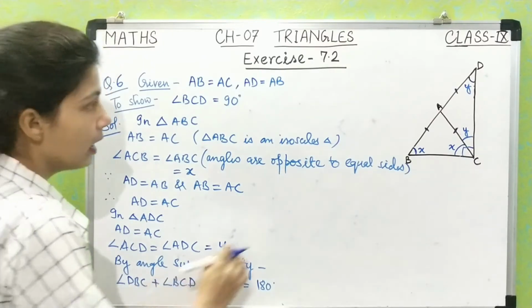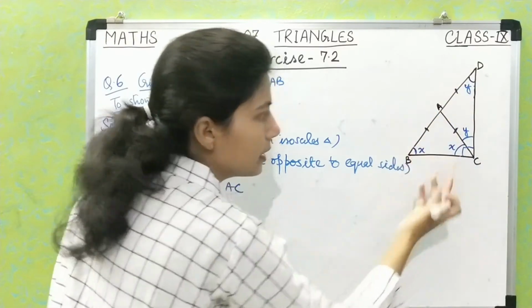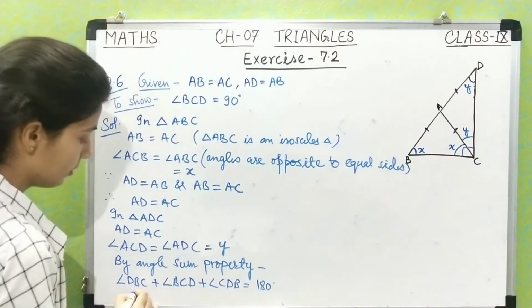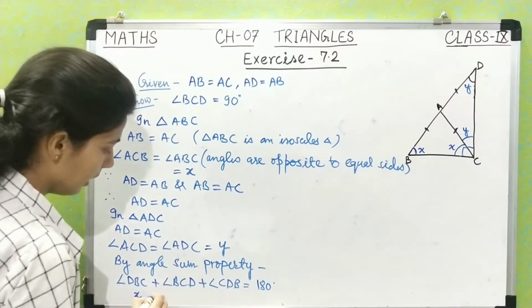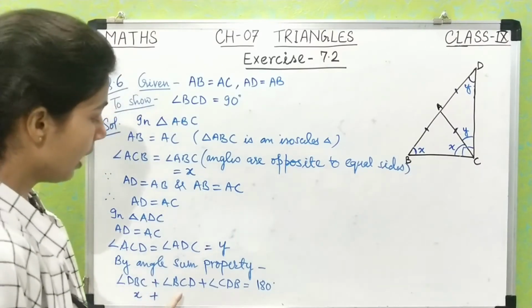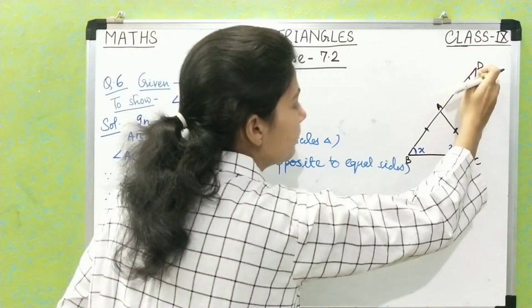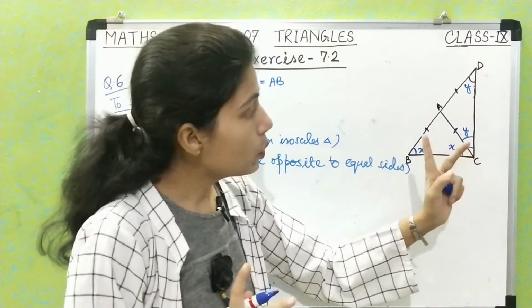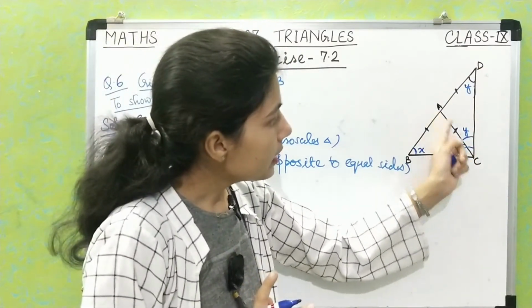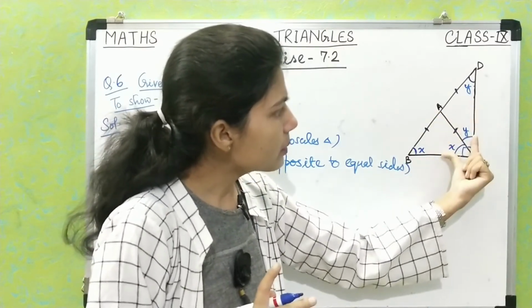Now see, angle DBC, whether we say DBC or ABC, is the same. So here we have taken angle B as x, plus angle BCD. You can see this angle C is made up of two angles: one is ACB and another is ACD, meaning x plus y.